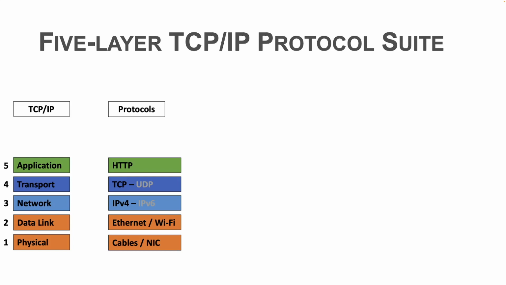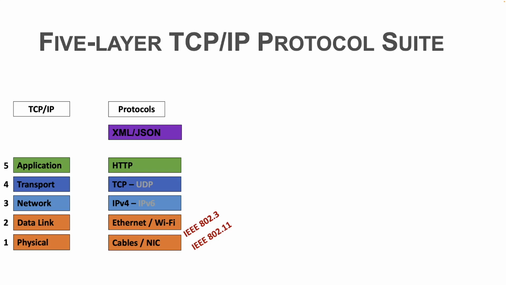Basically, once the data arrives at the physical layer, it is then physically transmitted. IEEE 802.3 defines the physical layer and data link layer media access control protocols of wired Ethernet, while IEEE 802.11 specifies the set of MAC and physical layer protocols for Wi-Fi.